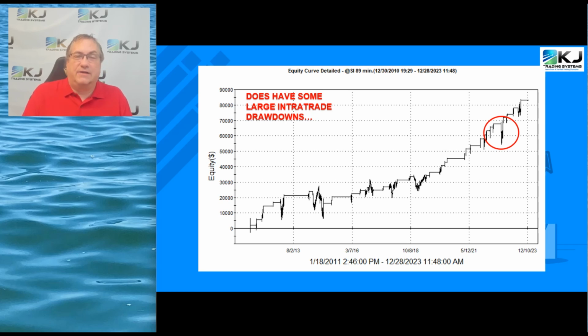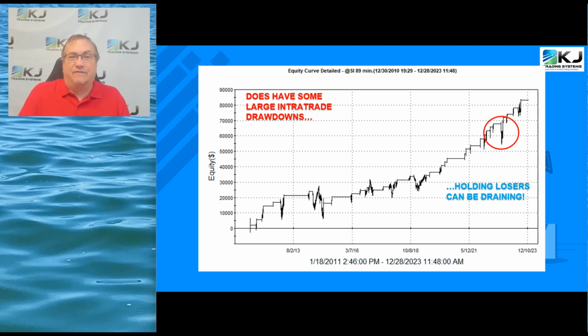Those intra-trade drawdowns really just drain you because you're holding onto them for a while. In this case, not too long. There's another trade around 2018 that you can see that was in a drawdown for a lot longer time. But those are mentally and emotionally exhausting.